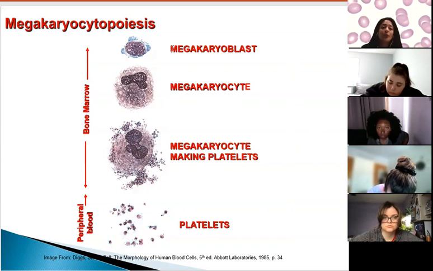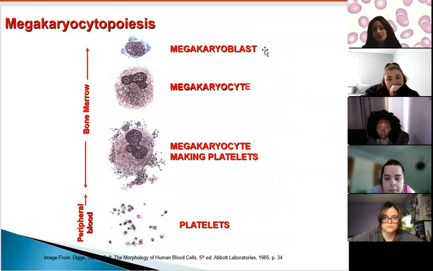Okay, so you go from in the bone marrow having a megakaryoblast, which is the most immature form of a megakaryocyte, to a megakaryocyte, to a megakaryocyte that's actually forming platelets. And I'm going to explain the procedure and the platelets.